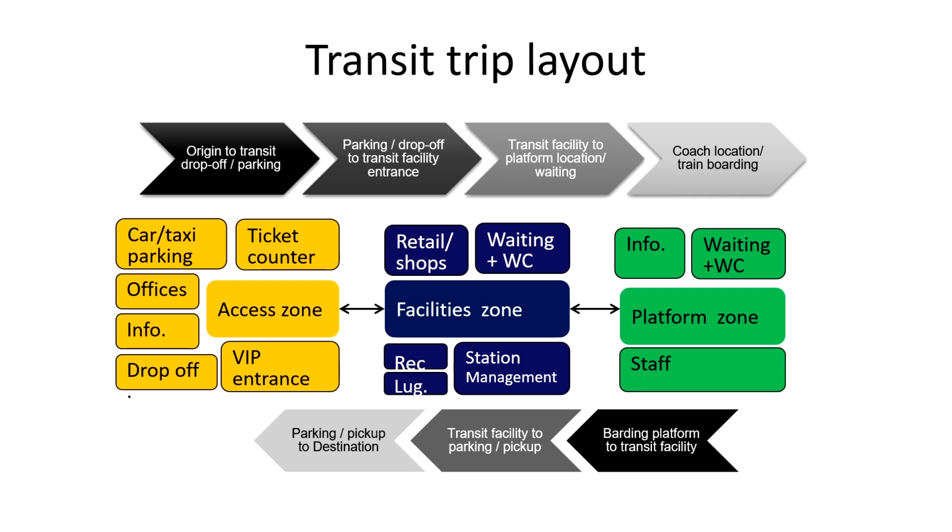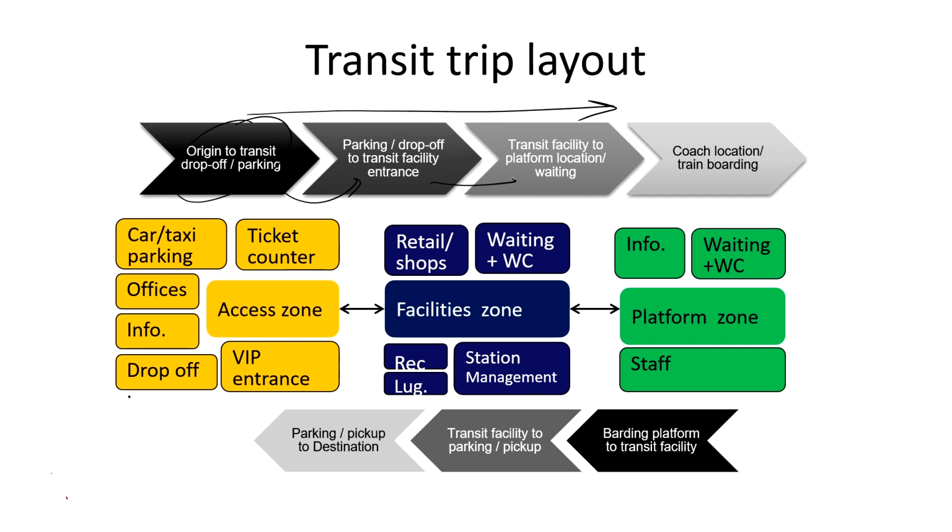From there, they move to the coach identification areas and ultimately board the train, as you can see in the first image. This means we were talking about this flow where you have the origin of the transit, drop off, going to the parking and drop off transit facility.